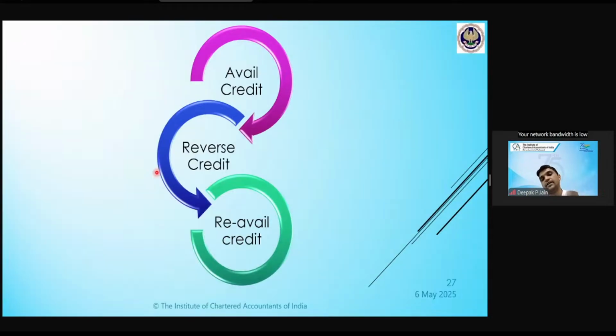And once he files it, then you have to re-avail. So that's what I've explained: avail the credit based on your GSTR 2B. That is the first condition. Check if all the suppliers have filed it by 30th September. If they have filed, no reversal. If even one supplier has not filed, to the extent of the credit for that supplier for that month, you reverse it and then re-avail it once the supplier files it.